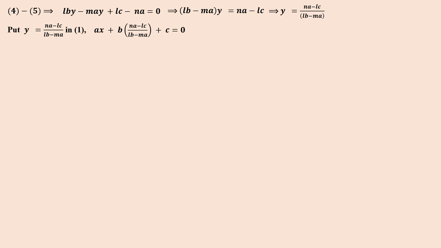Put y is equal to (NA minus LC) by (LB minus MA) in equation number 1. So AX plus B into (NA minus LC) by (LB minus MA) plus C equal to 0.